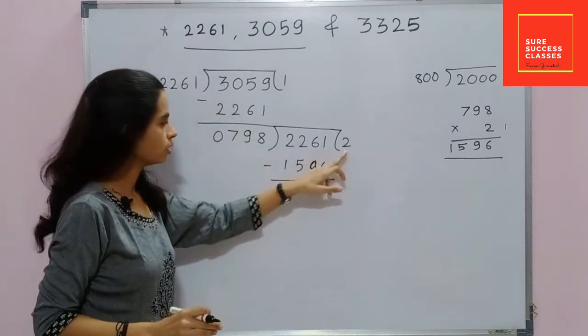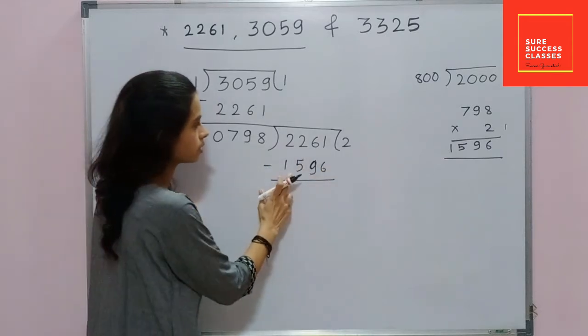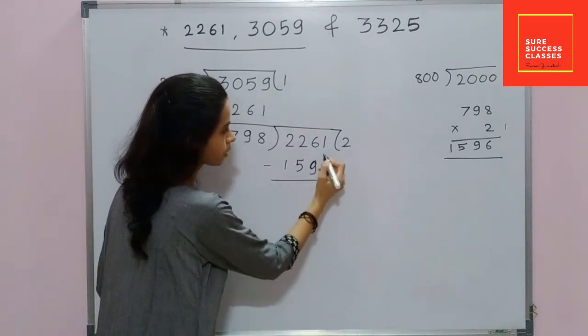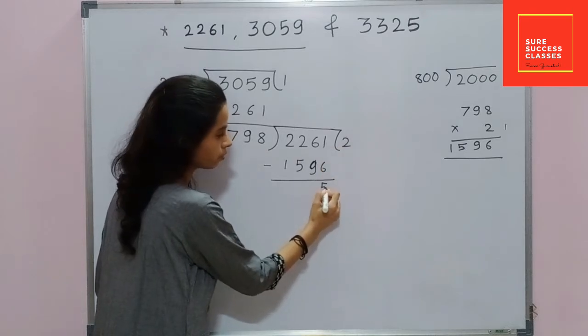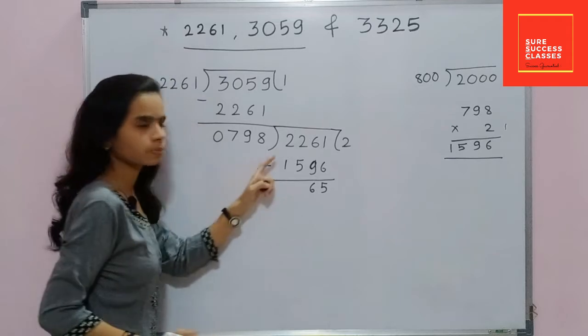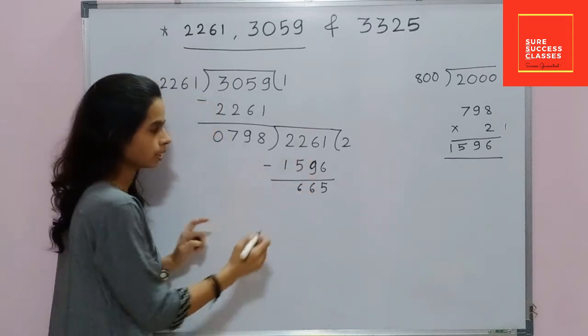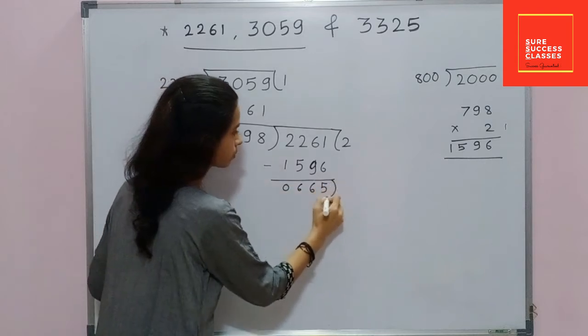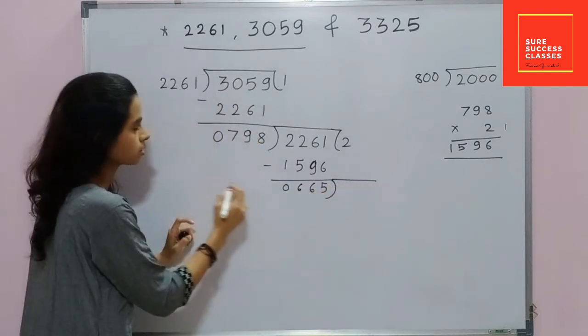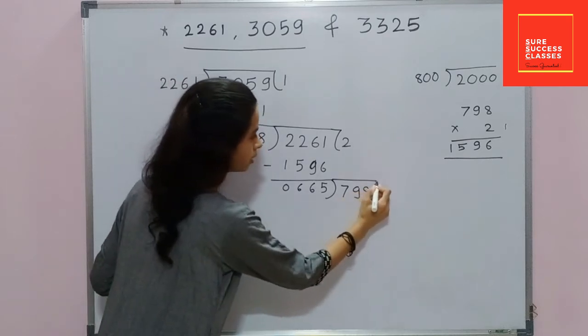Write the quotient here and subtract this number from this dividend. 11 minus 6, 5. 15 minus 9, 6. Again here 11 minus 5, 6. 1 minus 1, 0. We will divide this 798 by this remainder.